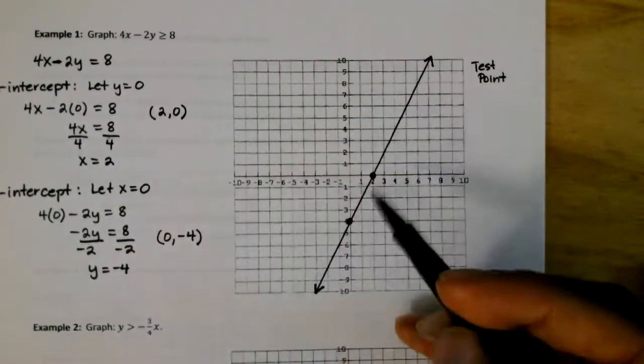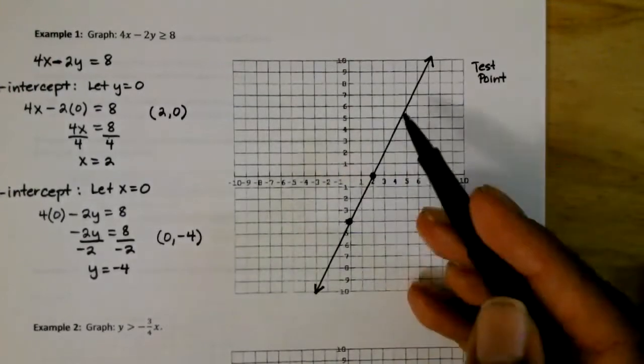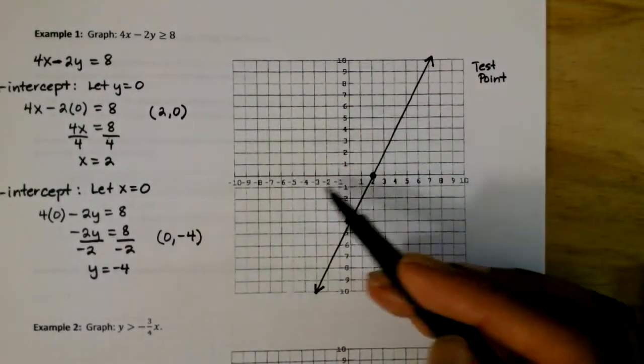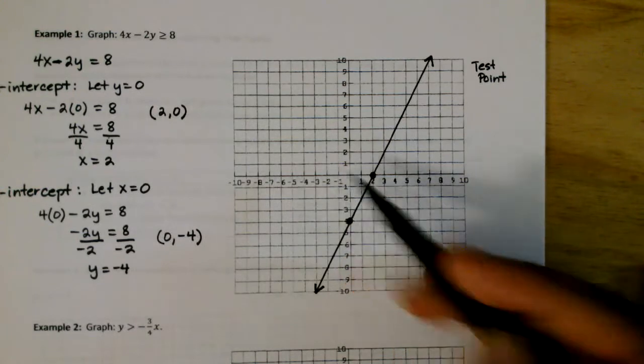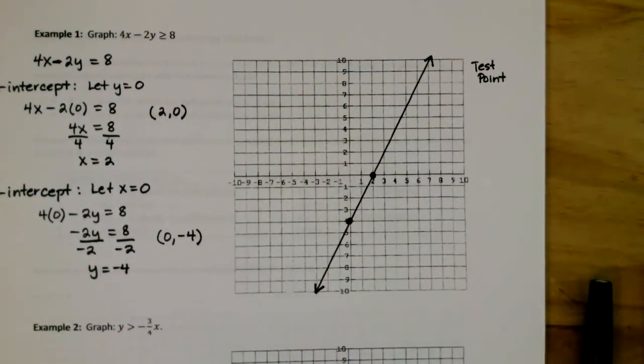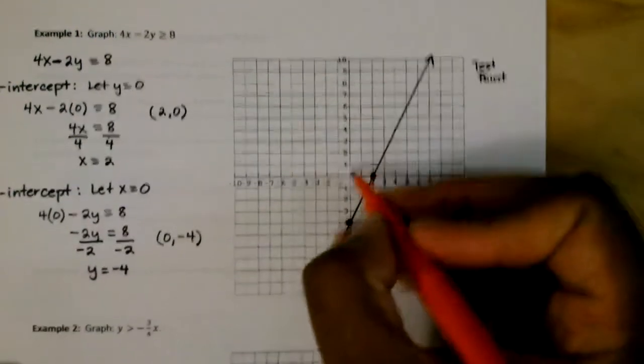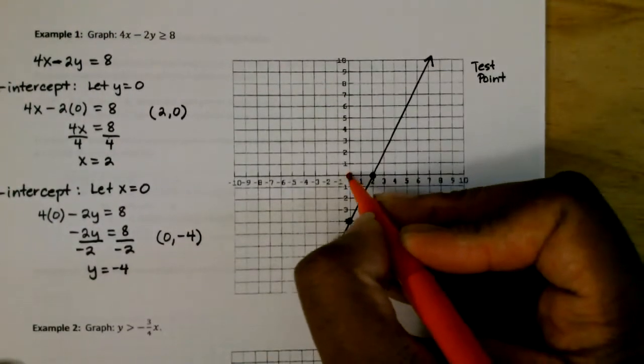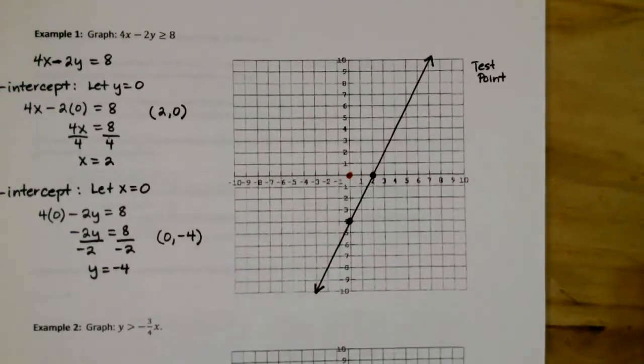Now, you want to pick a test point that's not going to be a point on this line. It has to be either on the left side of this line or the right side of the line. And the test point that I'm going to select will be this point, the point 0, 0.